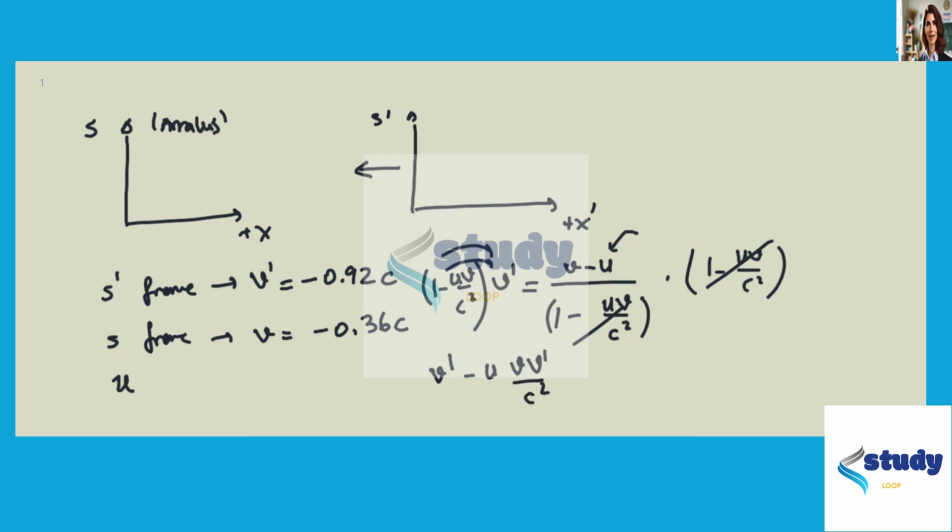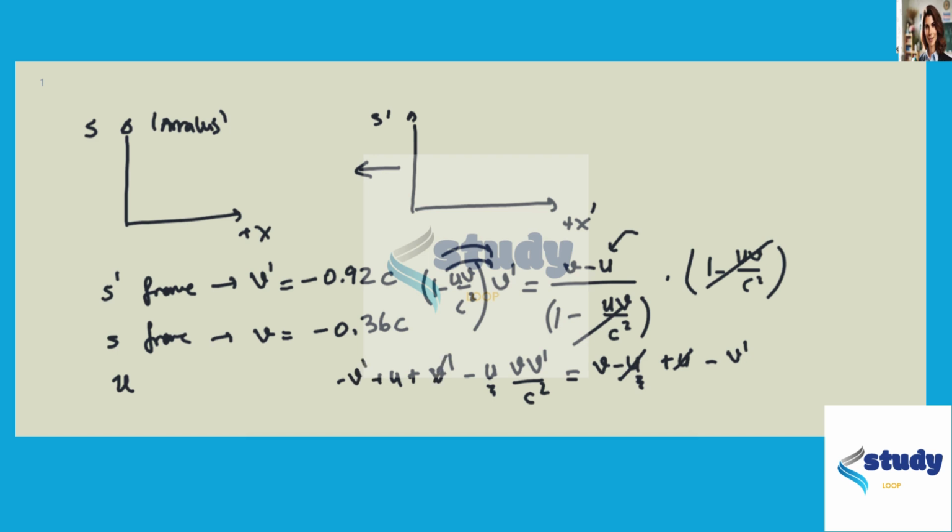I have v minus u on the right-hand side, and on the left-hand side two terms that have u as a multiplier. Now let's add u to both sides, and these cancel, and subtract v prime from both sides.